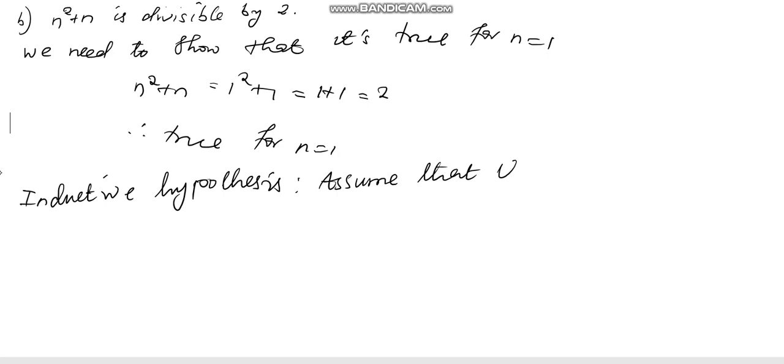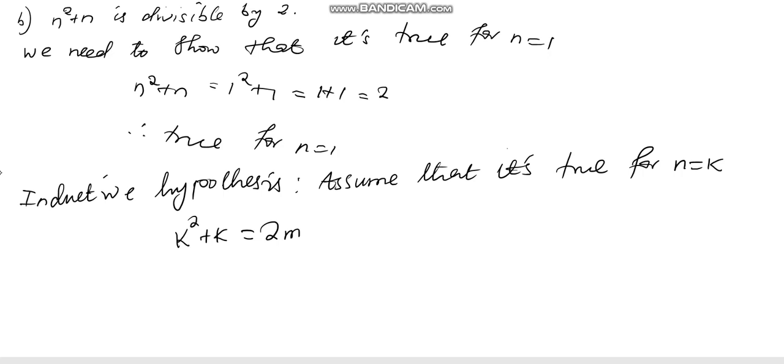We assume that it's true for n equals k. So here we have k squared plus k. We equate it to 2m like this. We can make it any variable, either x, a, b, or any variable of our choice, but here, let's go with 2m.